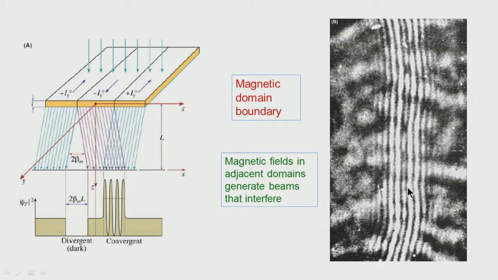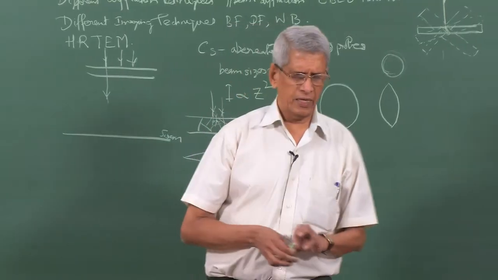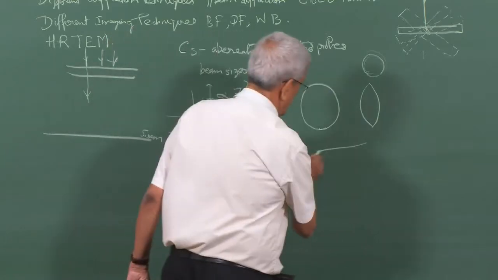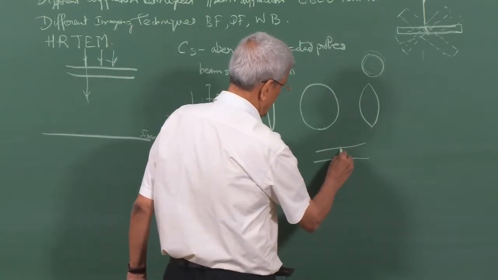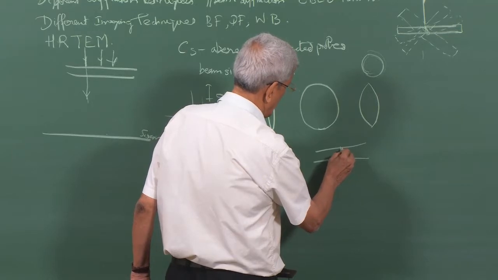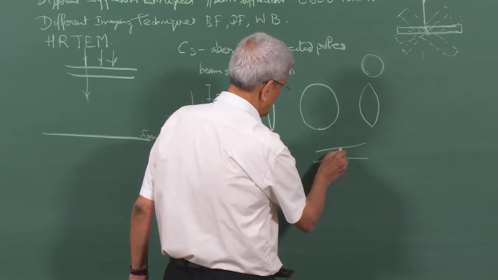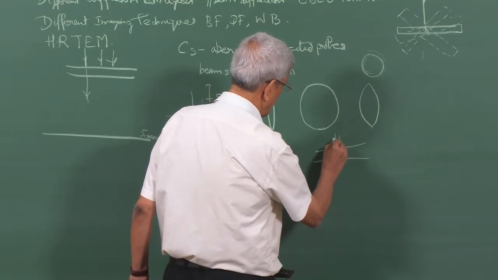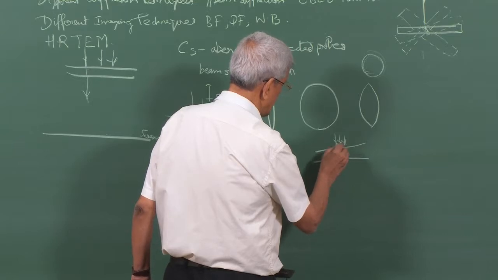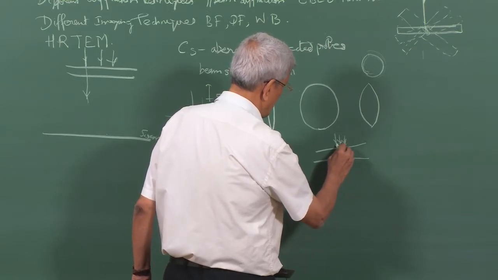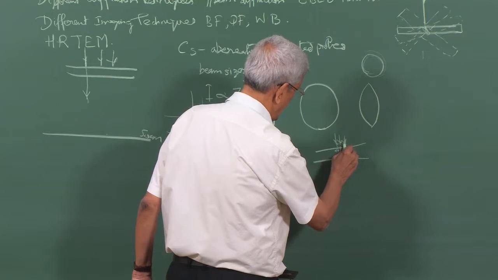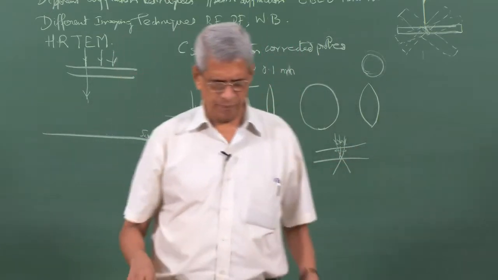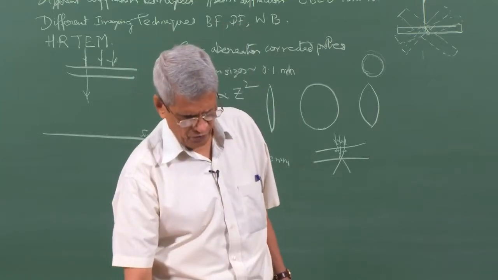Then another way in which we can get information about a magnetic domain boundary is that, suppose we consider this is the sample, across this boundary the magnetic domains are oriented in two different directions. When the electron beam is coming like this, these orientations can make the beam in one direction go like this and in another direction shift the beam like this, and these beams can also interfere, and this will give rise to an interference fringe contrast.